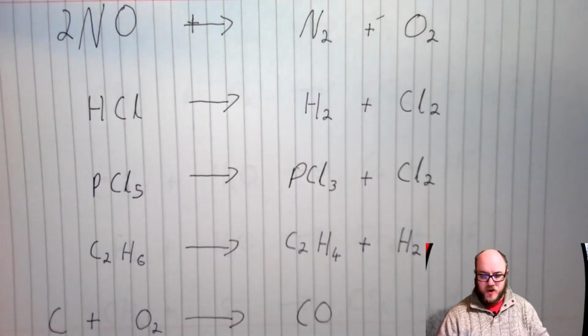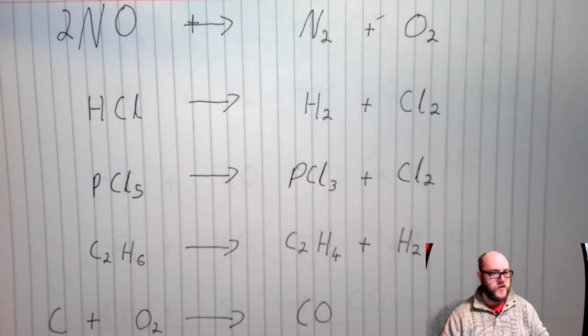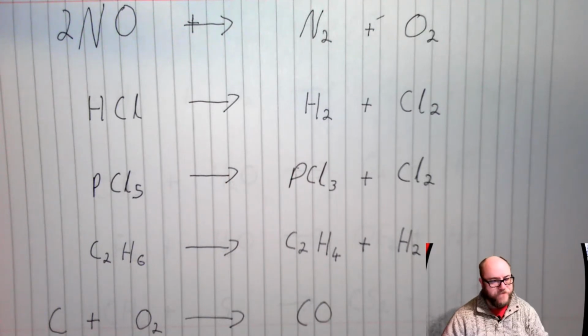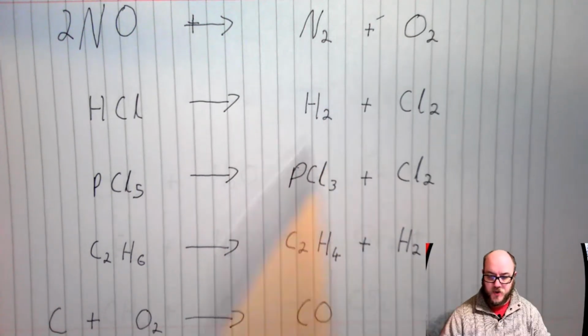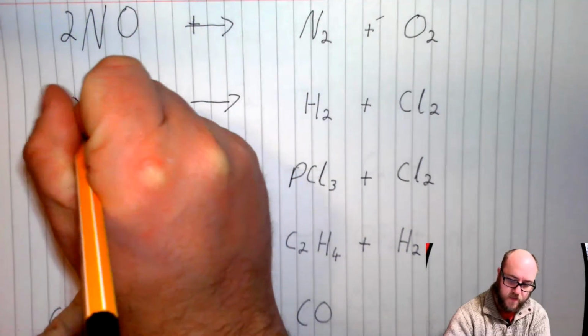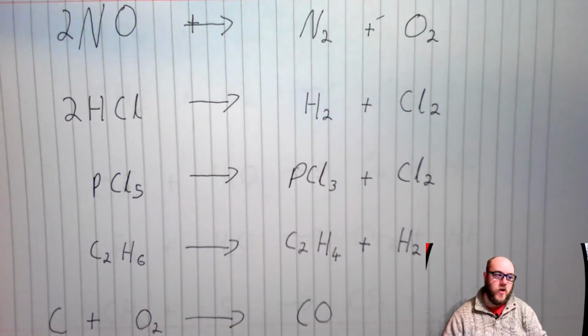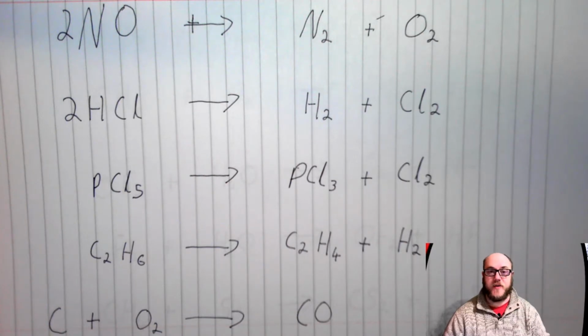So I've got hydrochloric acid breaking down to H2 and Cl2, so that's hydrogen gas and chlorine gas. And you can see that this is exactly the same. I need 2 hydrogens, I need 2 chlorines, I've only got 1 there, so bam, there we go. For every 2 molecules of hydrochloric acid, I'm going to create 1 molecule of hydrogen and 1 molecule of chlorine.